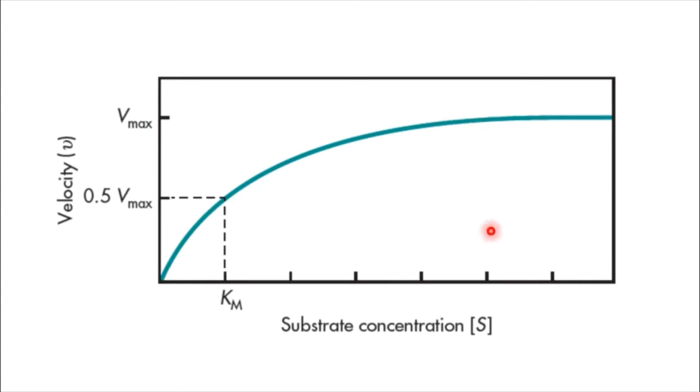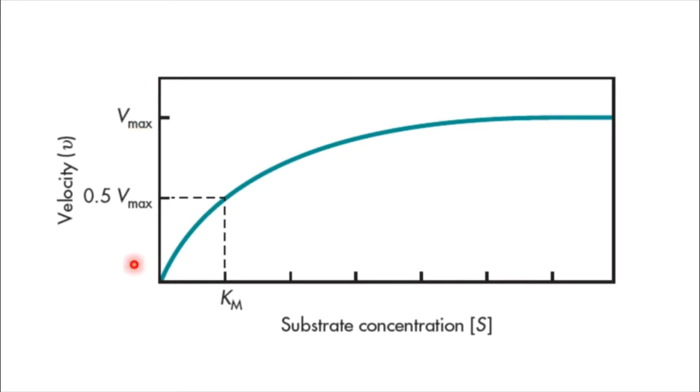Then increasing the concentration will not increase the metabolic velocity. That's why we reach a place where increasing the concentration will never increase the metabolic activity, and this case we call a plateau, or the maximum velocity of metabolic activity.